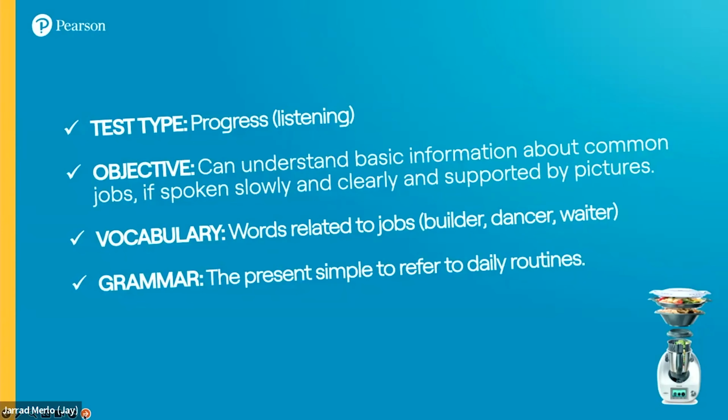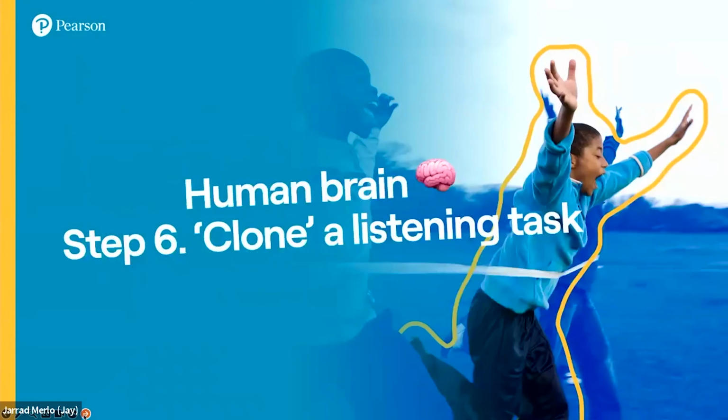So to go back a step or to look at it again, we're building a progress test for listening, where the objective is that our students can understand basic information about common jobs if spoken slowly and clearly and supported by pictures. We've got words related to jobs like builder, dancer, and waiter. And we've got the present simple to refer to daily routines. Awesome. We're putting it all together. This is great. So let's push on.